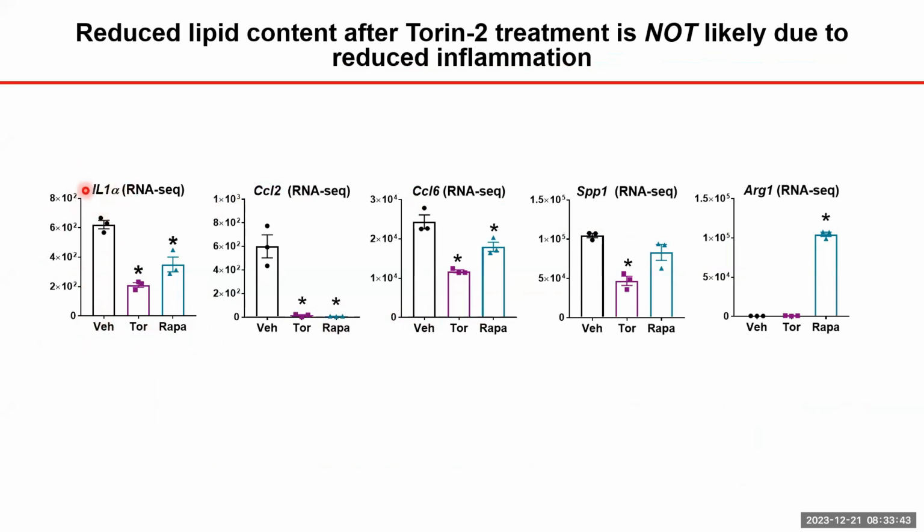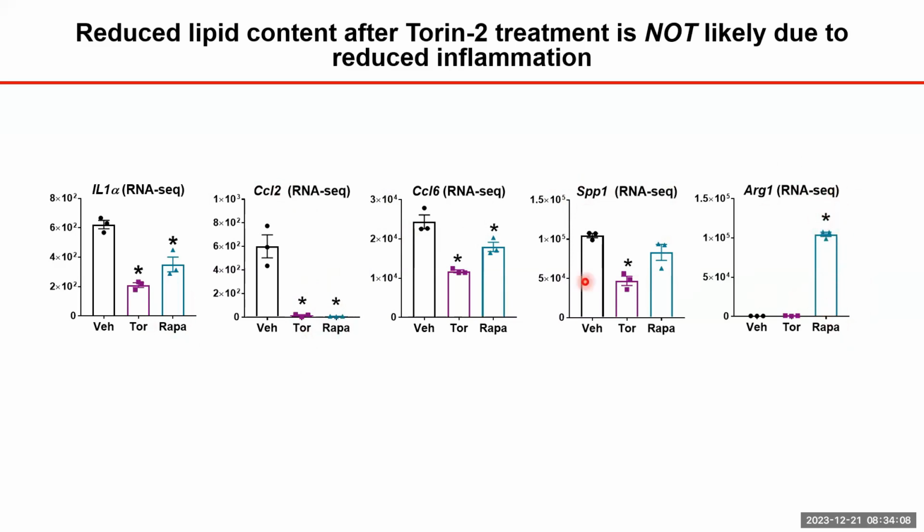After vehicle treatment, IL-1 alpha expression levels are this high, and then with taurine-2 and rapamycin treatment, it's decreased. The CCL2 levels are decreased, CCL6 levels, SVP1. And if anything, treating with rapamycin increases arginase 1 levels, which is considered an anti-inflammatory marker.